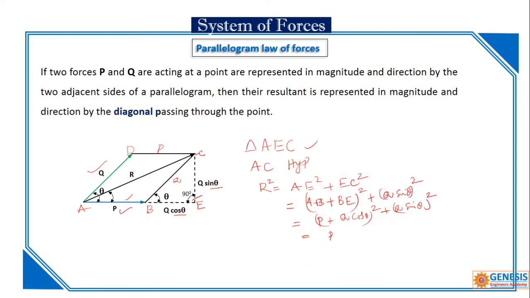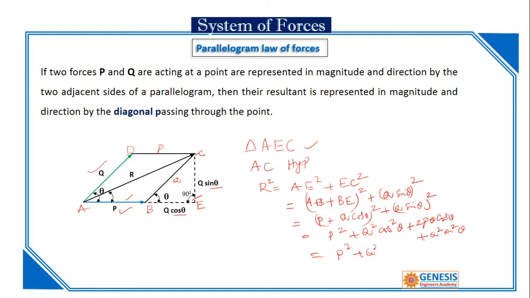Now it is P square plus Q square cos square theta plus 2PQ cos theta plus Q square sin square theta. If you take the common factor Q square, that is Q square times sin square theta plus cos square theta, plus 2PQ cos theta.